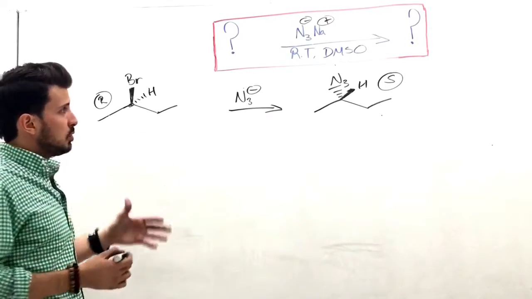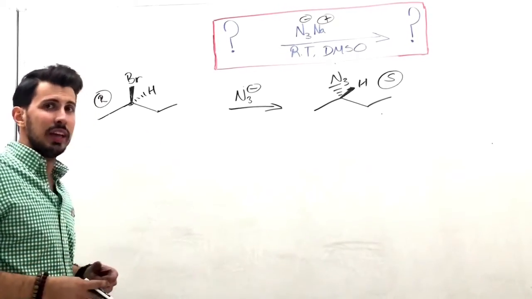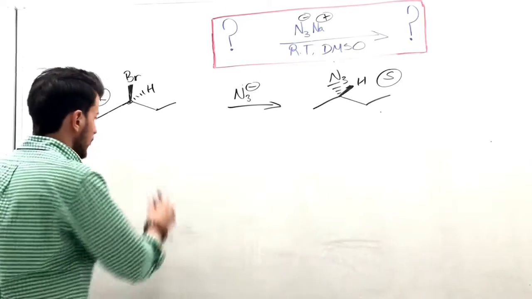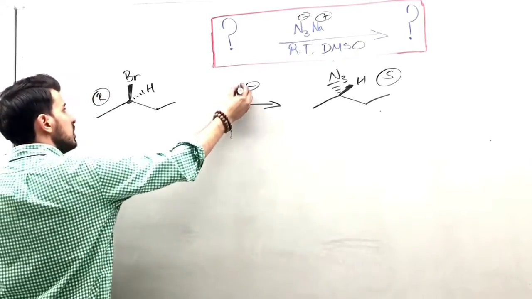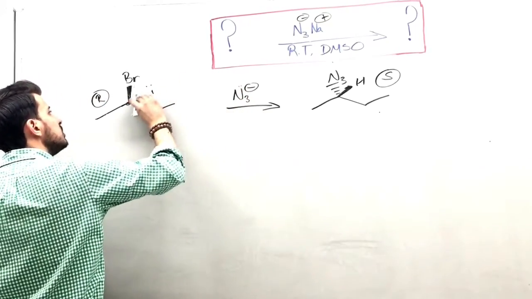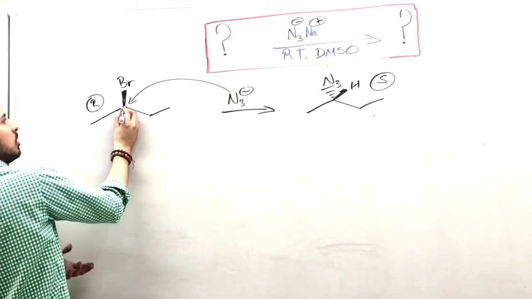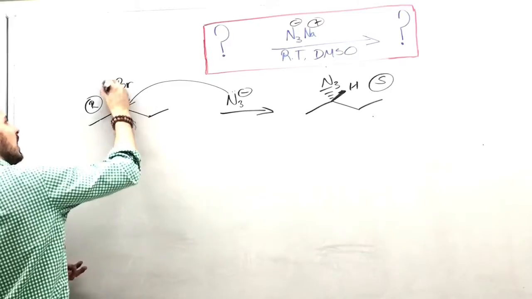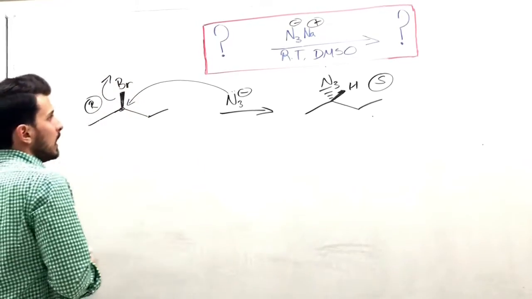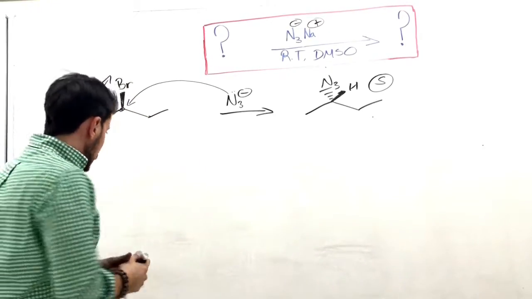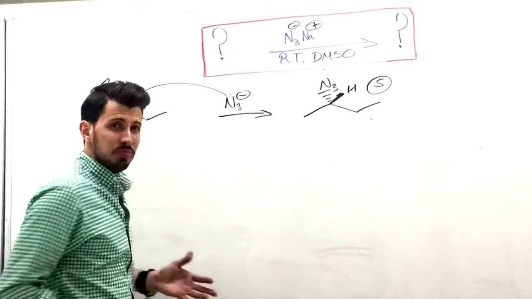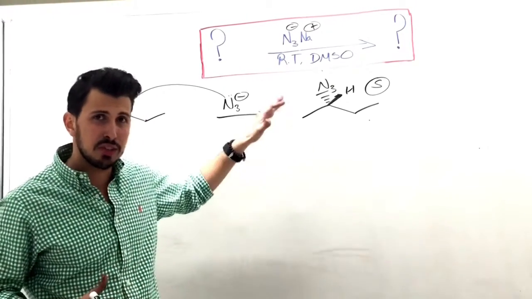Again, remember, all SN2 reactions are concerted mechanisms, meaning they happen in 1 step. So what happens here is the nucleophile, let's erase this hydrogen, is going to attack the antibonding orbital of this carbon, and we kick out this bromine. So as a result, you have no intermediate because this happens in 1 step.